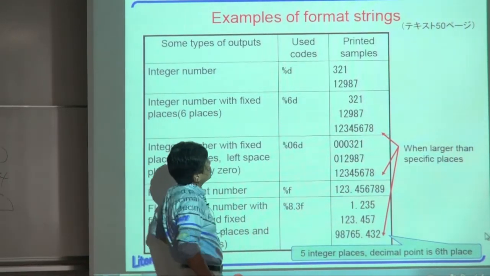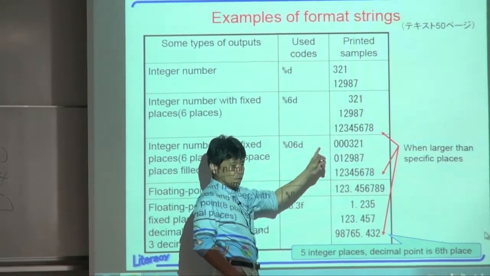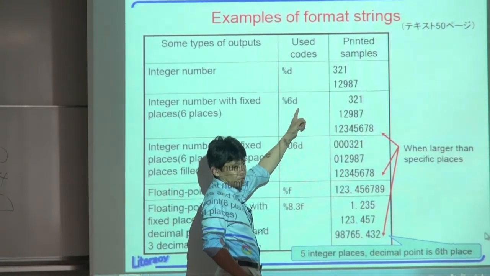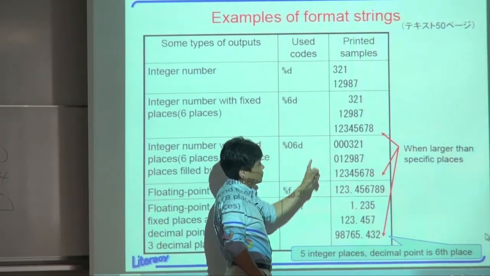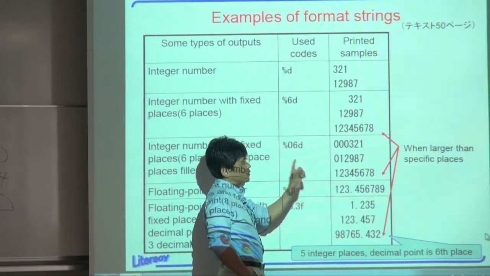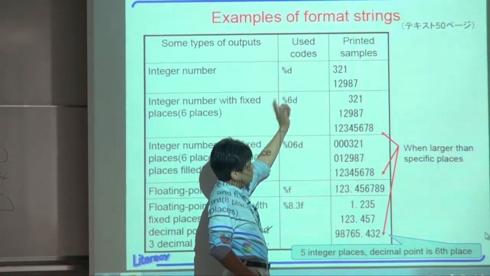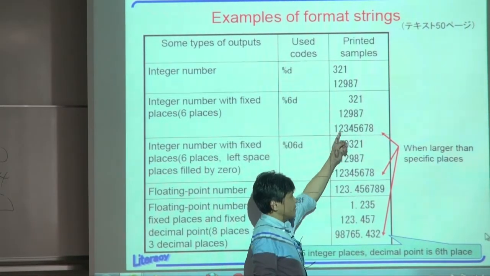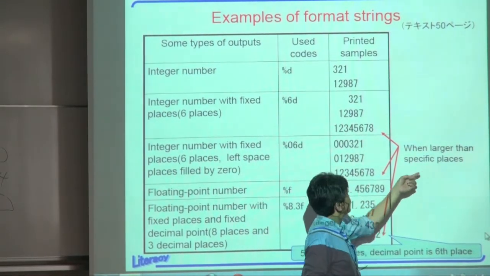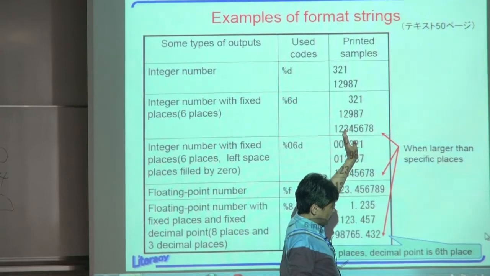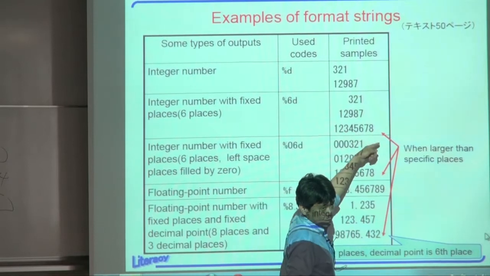As I explained, if you specify 6 as the length of the string for this data, usually the computer outputs only 6 characters. If the actual data is larger than this specified number of places, usually the leftmost digits are omitted.